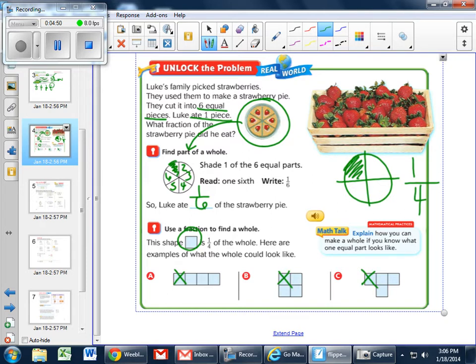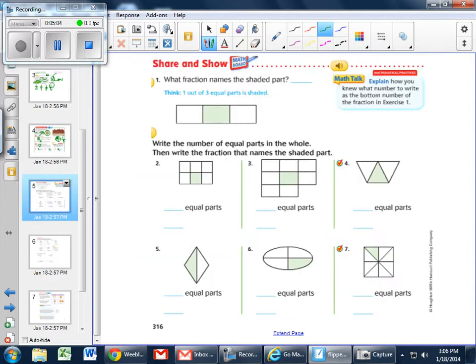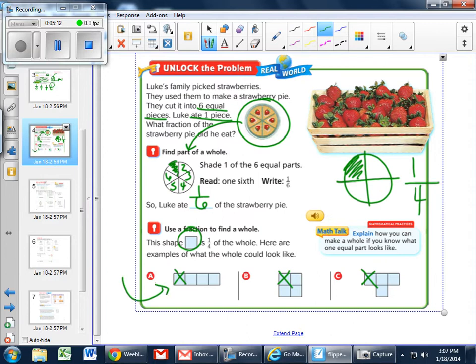So you can put those unit fractions together to make different shapes, and it's still a fraction because all of those squares are the same size. If you look on the next page, I didn't take a picture of it, but on page 316 at the top, it says, let's look again at the examples of using these squares. What other ways could you draw shapes?